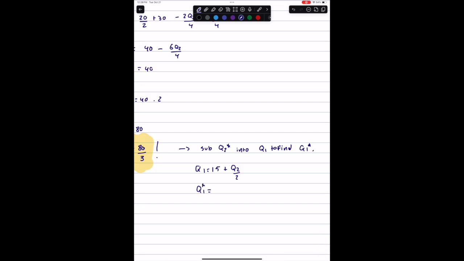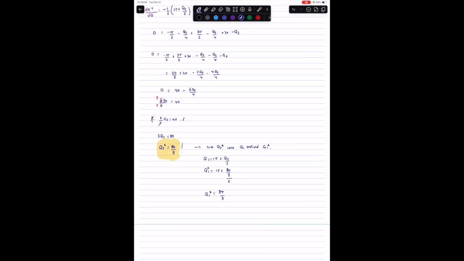Q1 star is going to be equal to 15 plus 80 over 3 over 2. Let me use my calculator: 15 plus 80 over 3 over 2 is equal to 85 over 3. Perfect. We found our Q1 star.